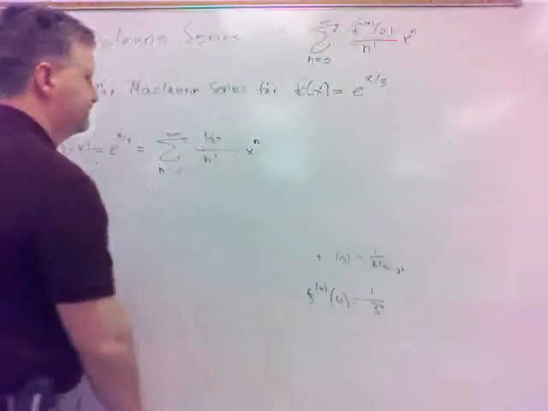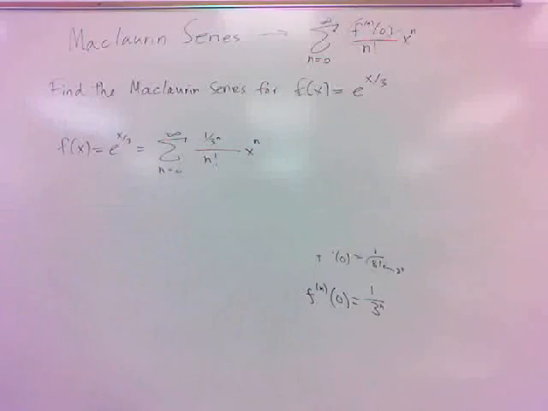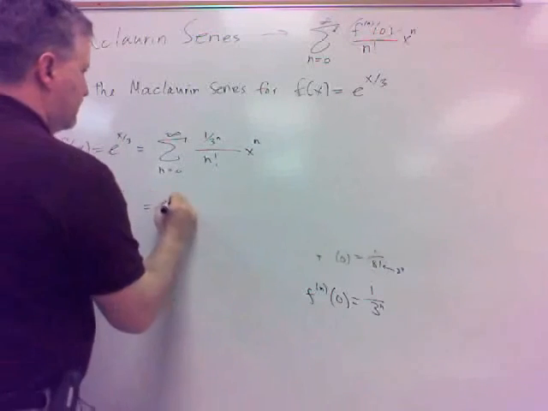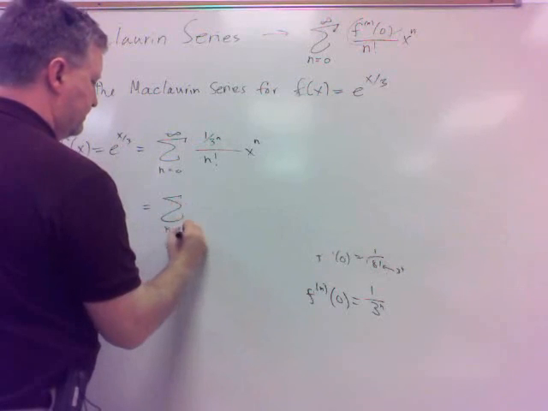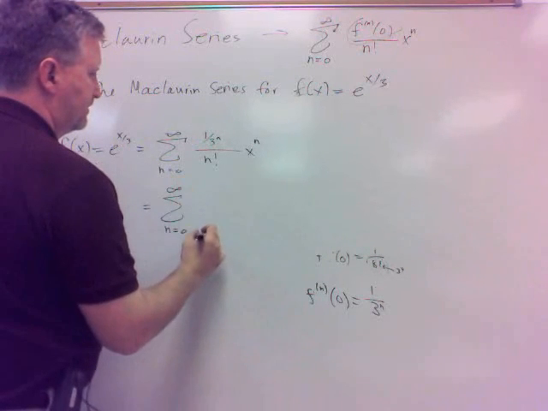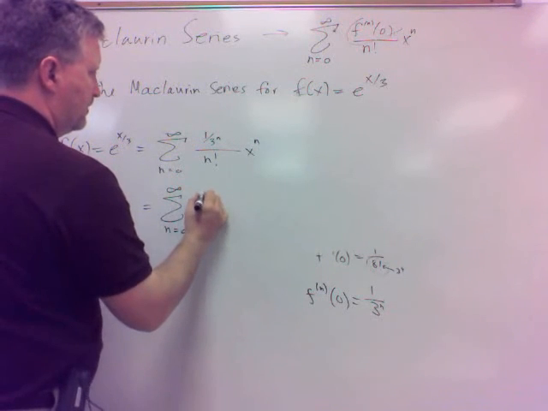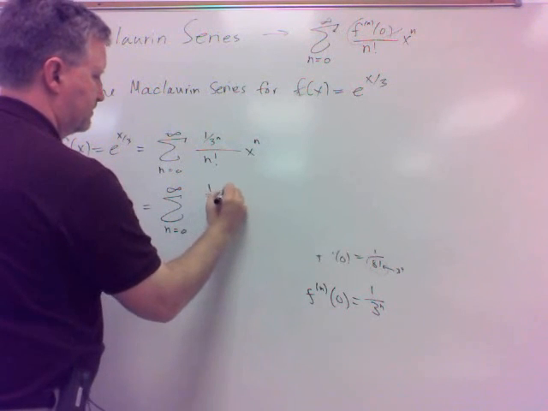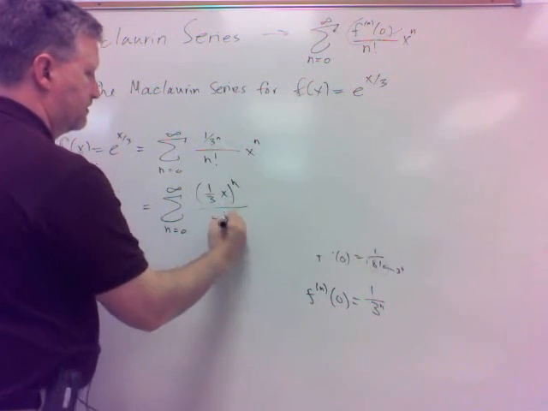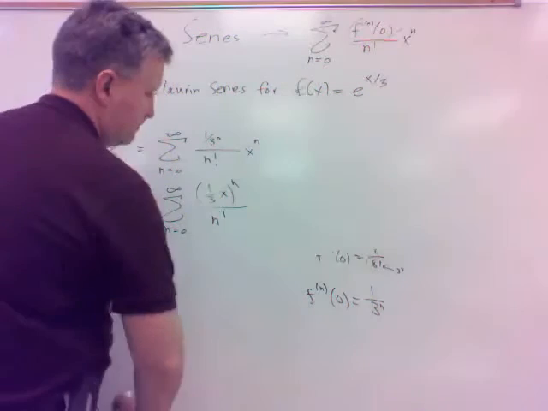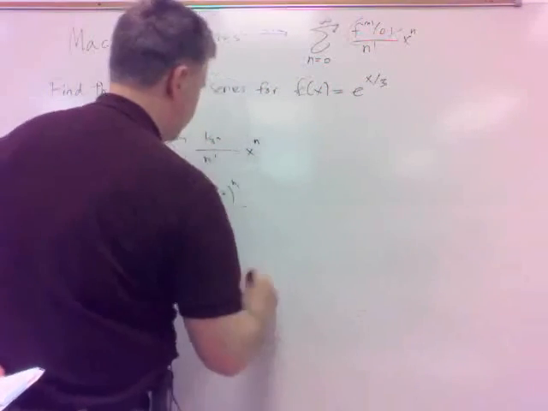Going to clean that up some? We could say 1/3 x to the n. Okay, I see what you're saying. Is that what you said? Okay. We could write it this way, couldn't we?